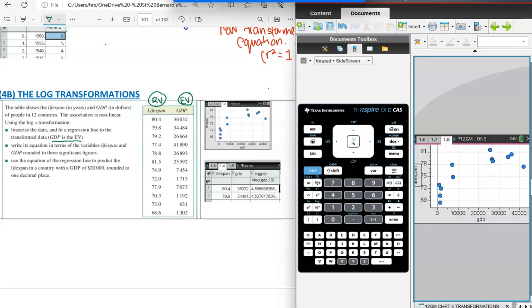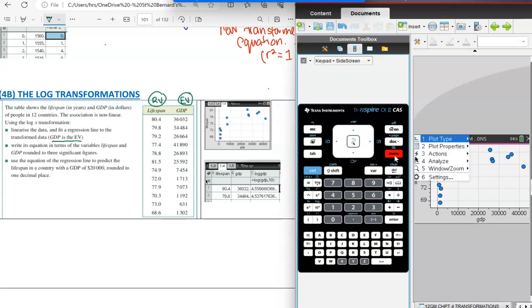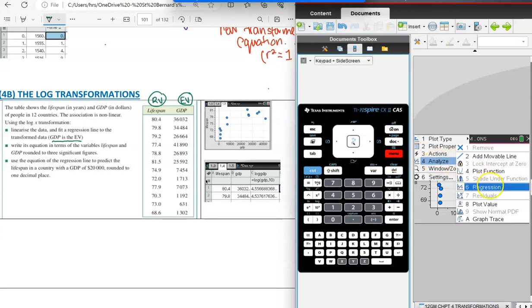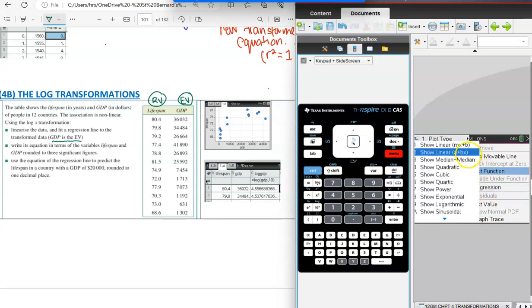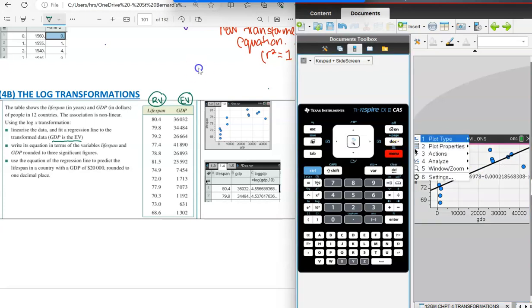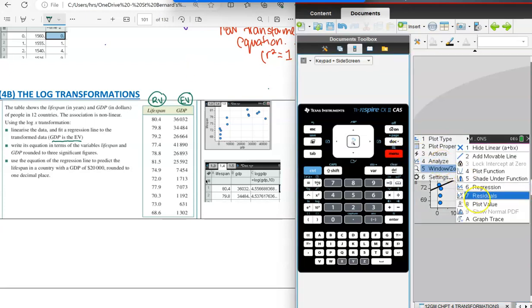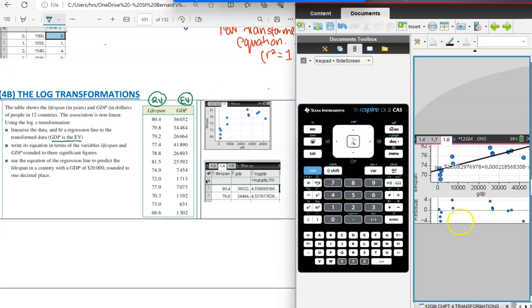It maybe looks non-linear, but let's check the residual plot to make sure. Menu, analyze. Remember, we have to put the regression line on there to be able to get the residual plot. So we've done that. Let's have a look at this residual plot.